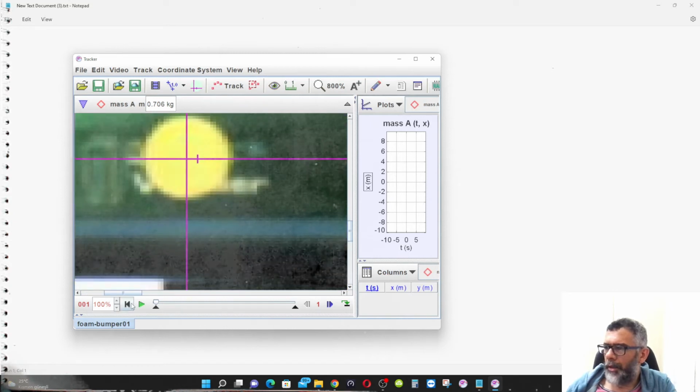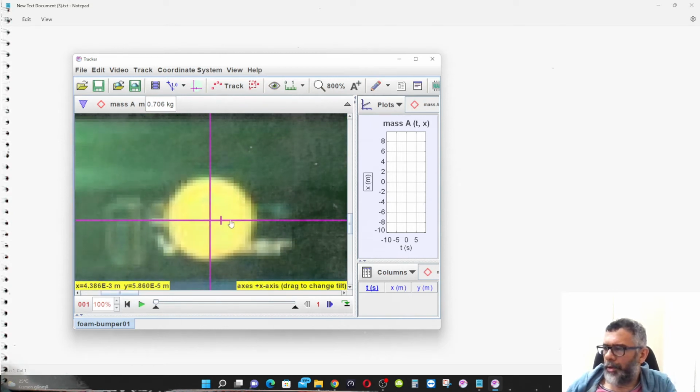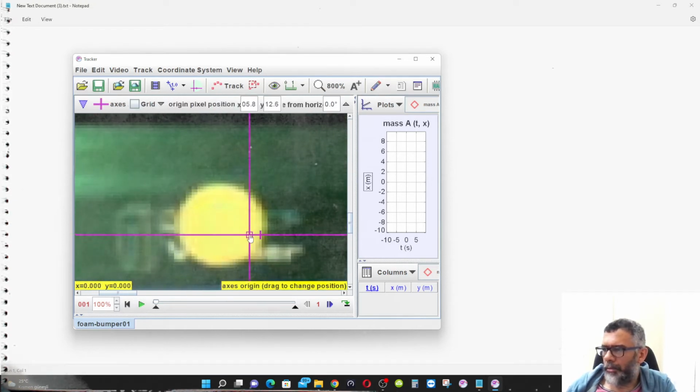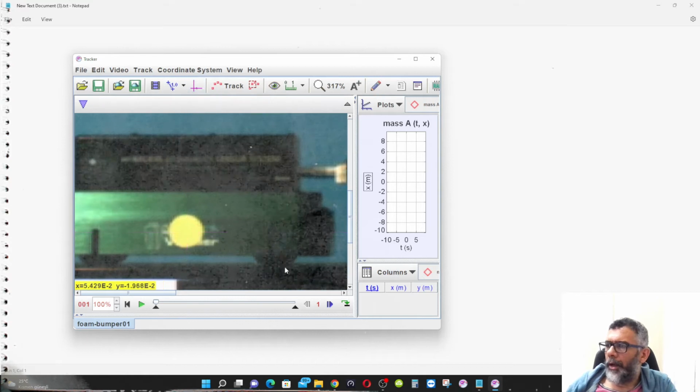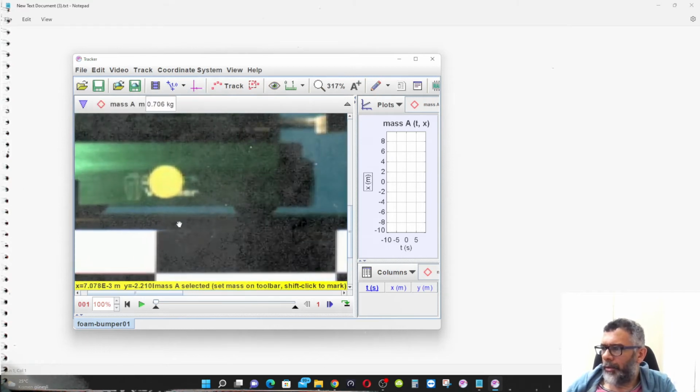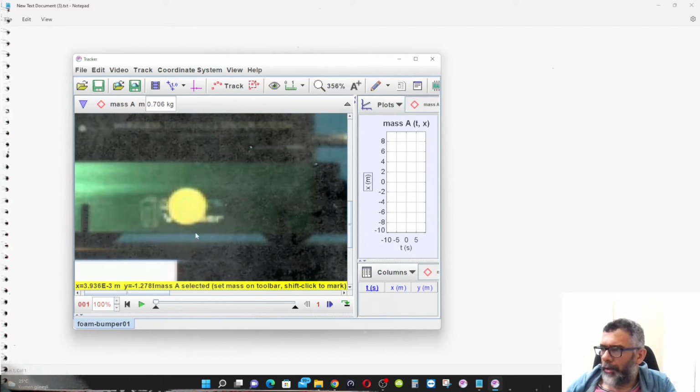We're starting the origin of the coordinate system at the initial position of the left card, so I move this into the center of the yellow label. Now let's concentrate on taking the raw data.